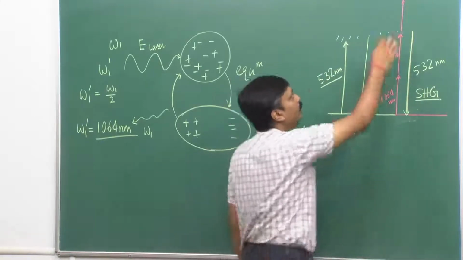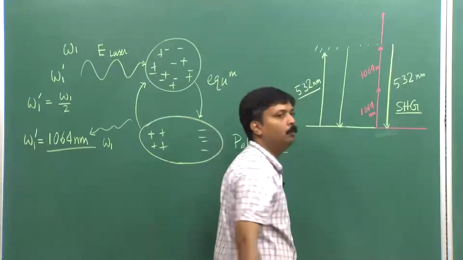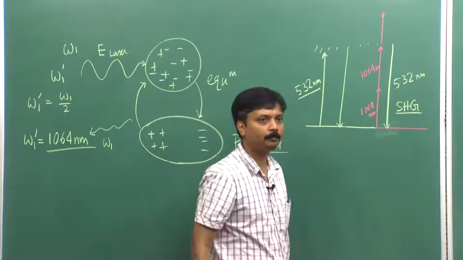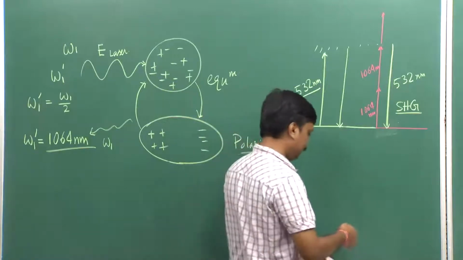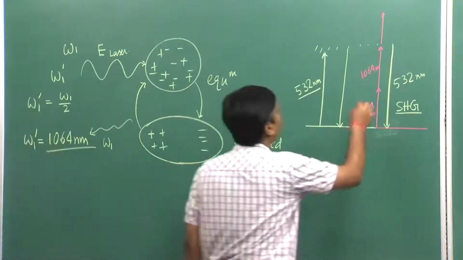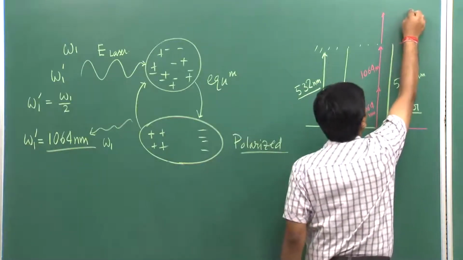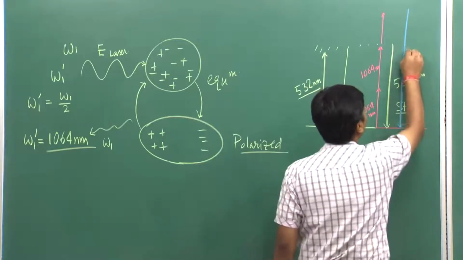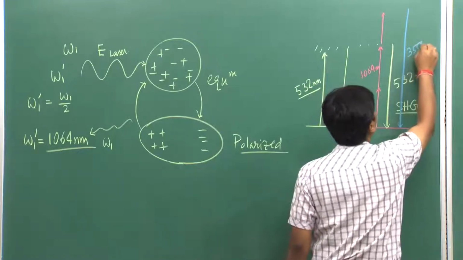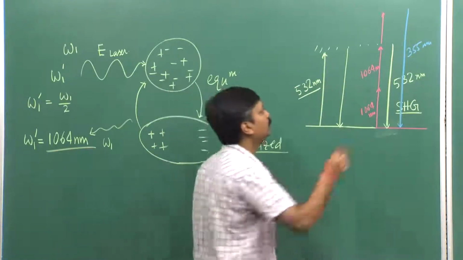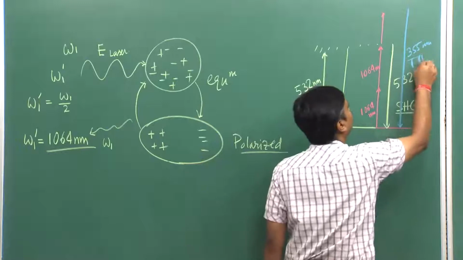So, there it will come back with a photon which is higher than even 532 nanometer. So, this energy, if it comes from this place, will correspond to 355 nanometer approximately, and this is known as third harmonic generation.